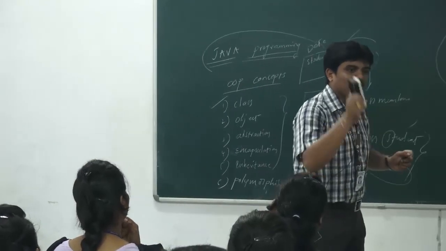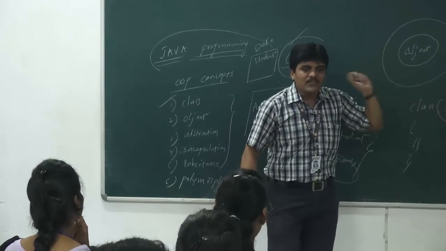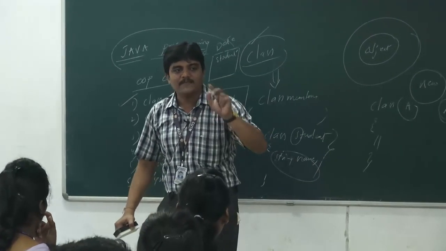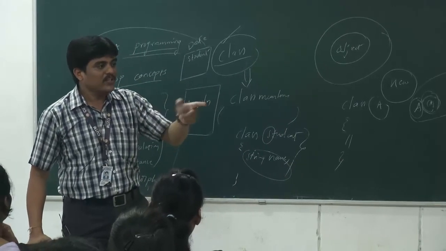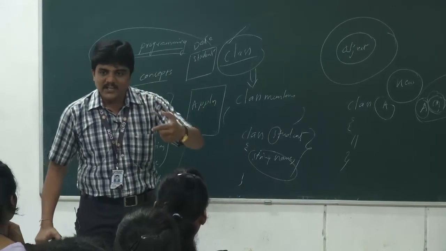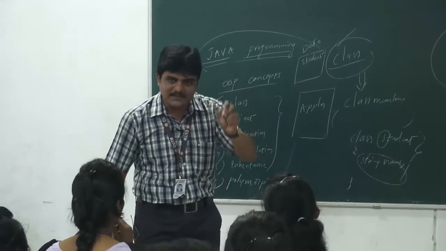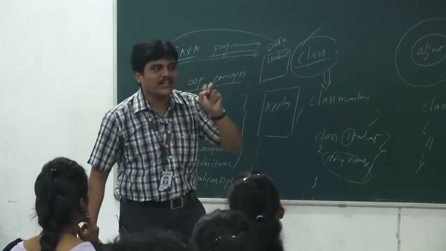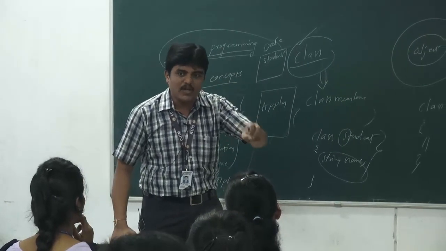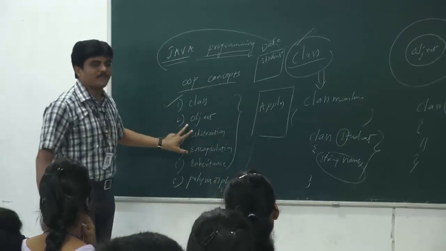How to create an object? That is by using the new operator. And why are we creating an object? Because of these two reasons. What are the two reasons? Object creation provides dynamic memory allocation for the particular class members, and second, it can restrict the class data to the particular class only. So this is about class and objects.